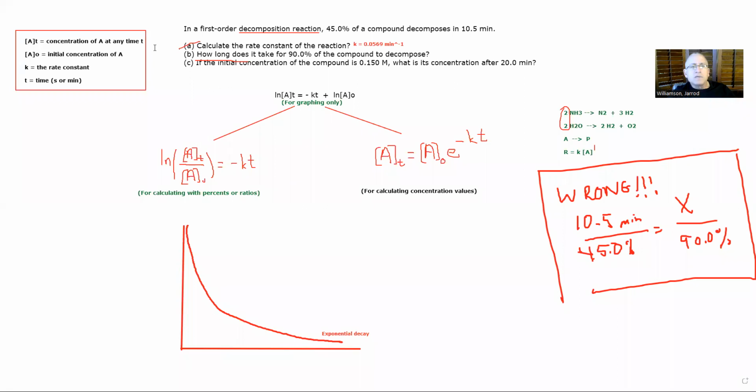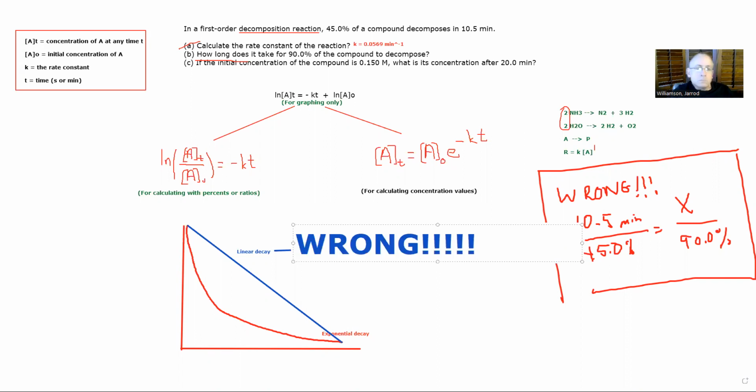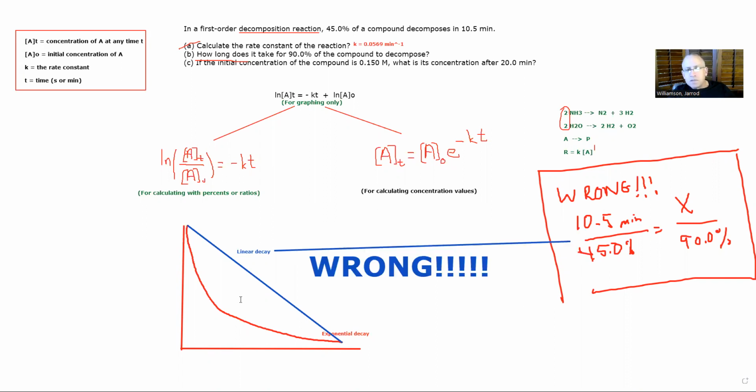When you use ratio and proportion, let's say linear decay, that's wrong, because this right here presumes it goes down in a straight line decrease.